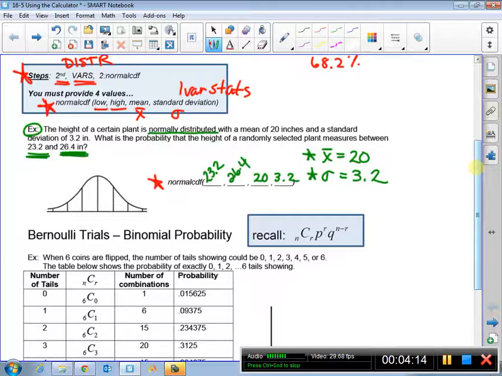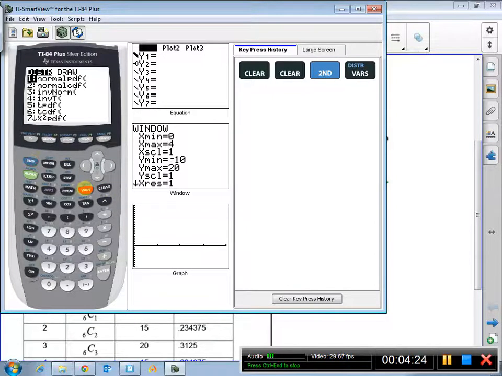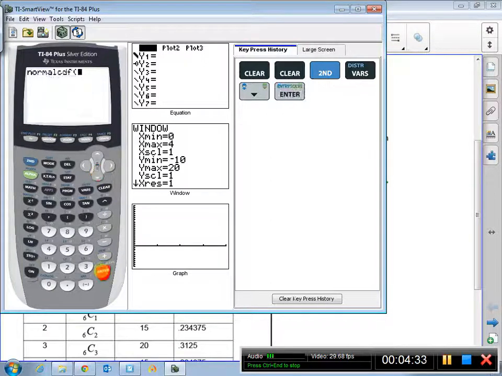So let's go into the calculator. And let me just clear out my window. We're going to hit second vars. All right. And we want choice 2 right there, normal CDF. All right, there it is in our home screen.